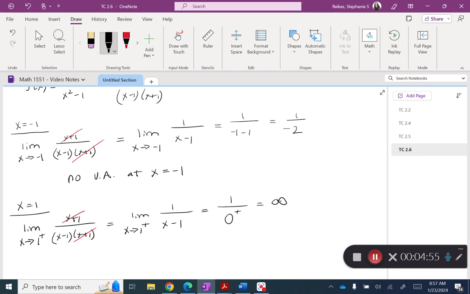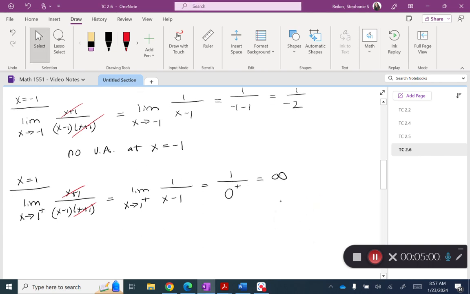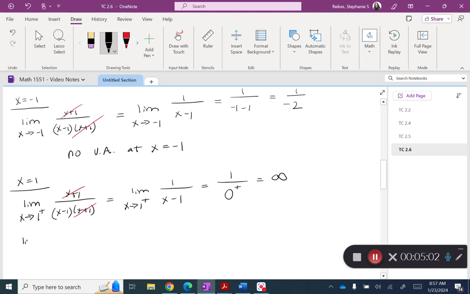All right, and let's repeat that idea, except this time from the left. So we have the limit as x approaches 1 from the left of 1 over x minus 1. And now approaching from the left-hand side, 1 over, again, a really tiny negative number.